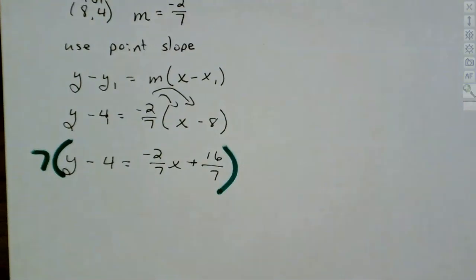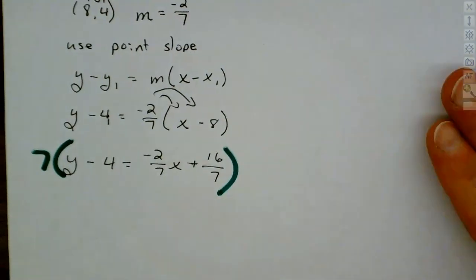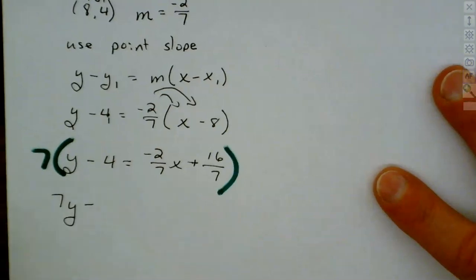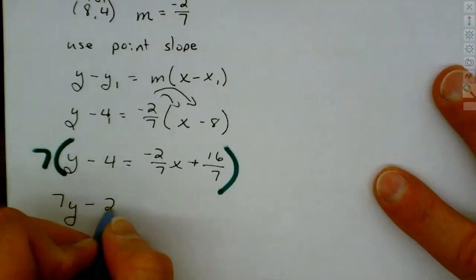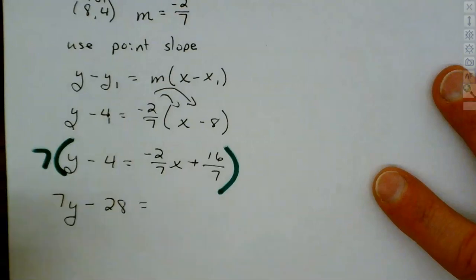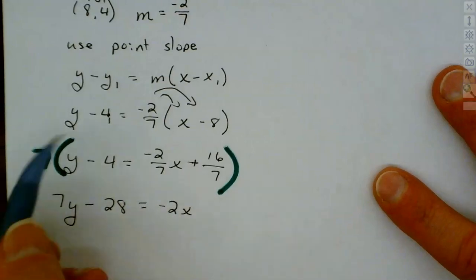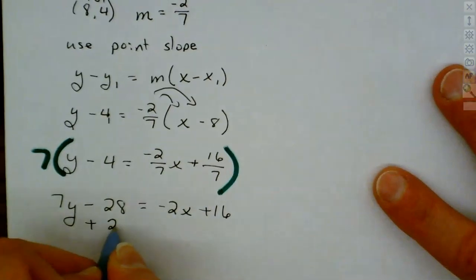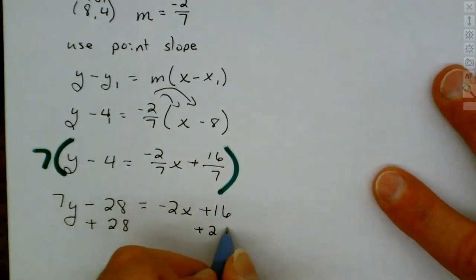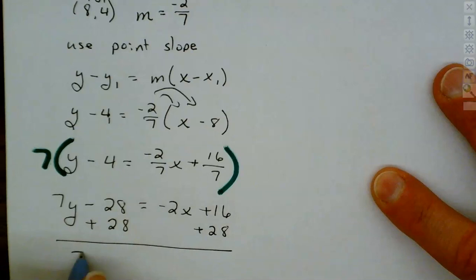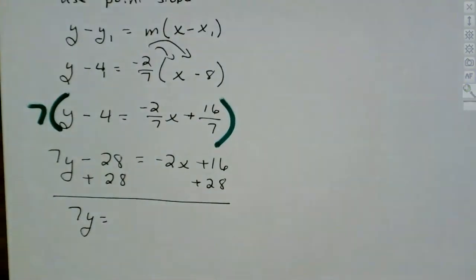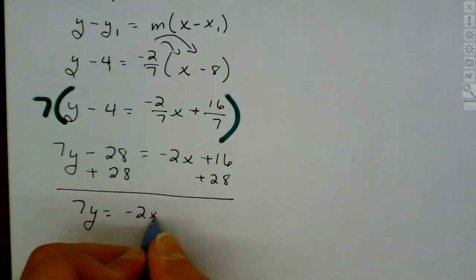That'll clear your fractions. And that leaves me now with 7y minus, 7 times 4 is 28, equals minus 2x plus 16. We'll add our 28 over. And that leaves me now with 7y equals minus 2x, right?